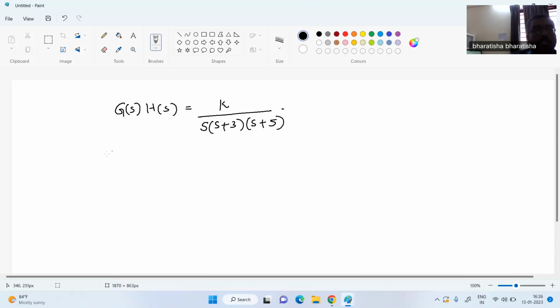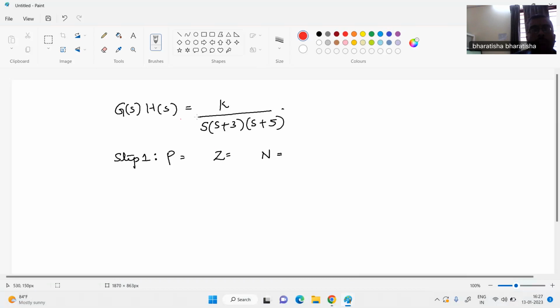So let me start with the stepwise procedure for this. In step 1, you're going to identify the number of poles, the number of zeros, and the number of branches. So remember this. Now, how do you identify the number of poles here?